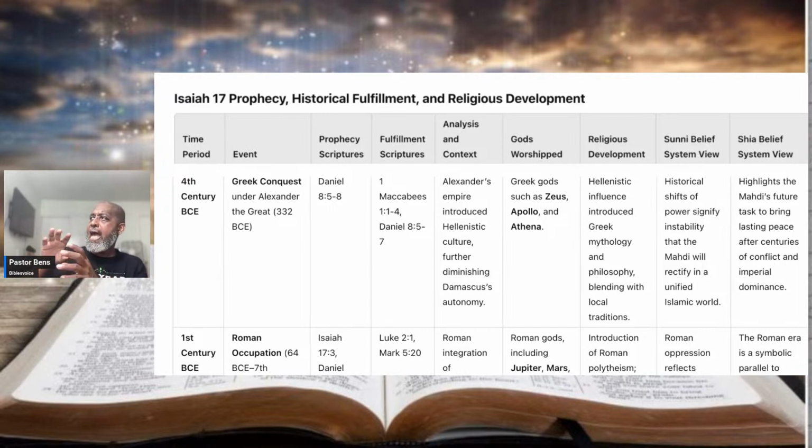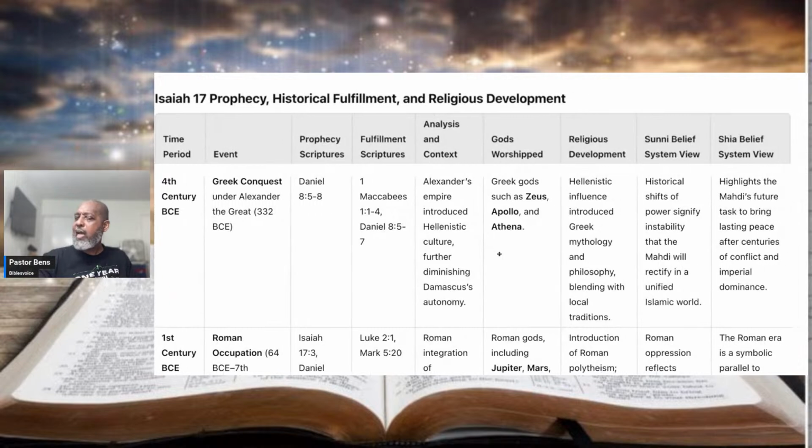So watch this. We have Damascus going through a continuous conquering, but not ruined. I'm going to show you through all of these references that Damascus was conquered, but not quite ruined, like Isaiah said. Okay, watch this, guys.